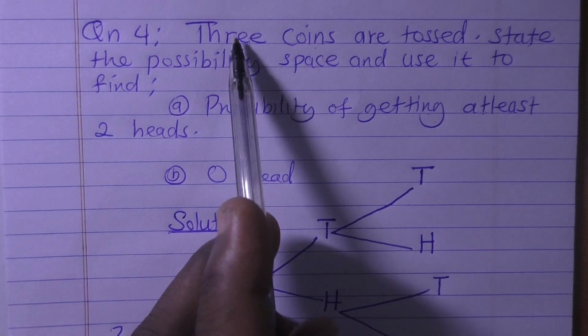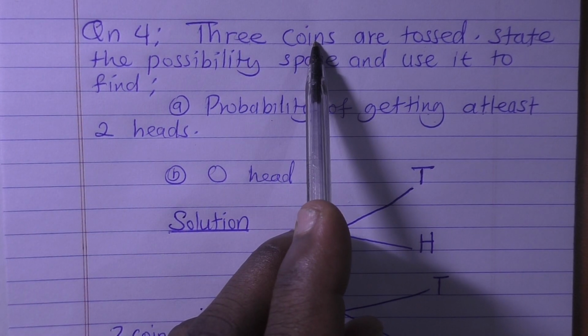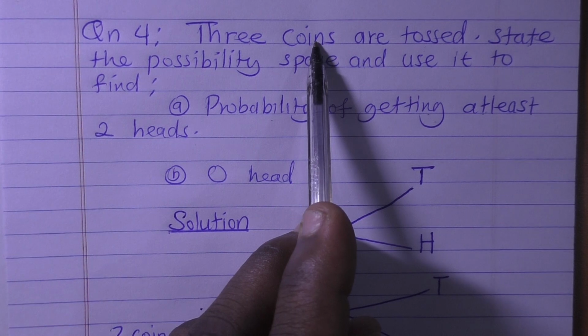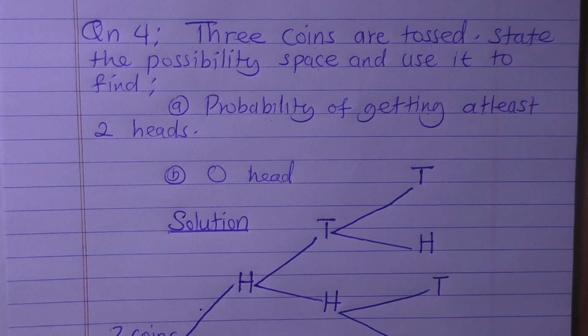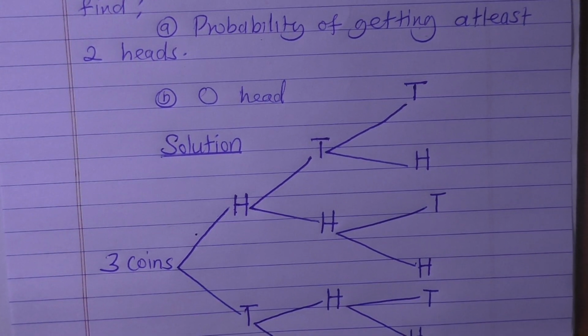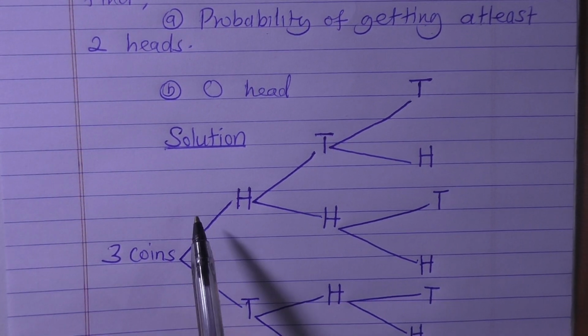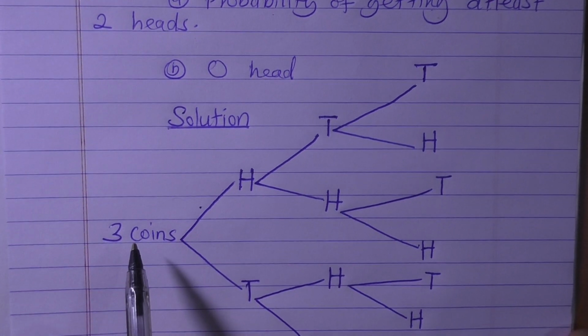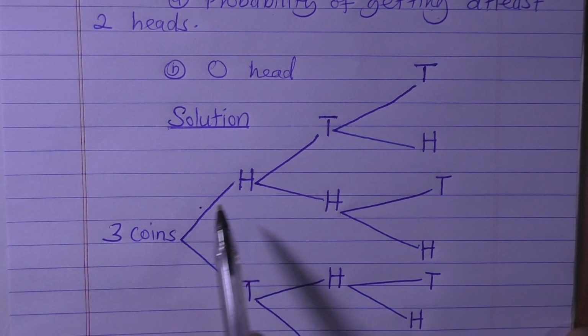For the 3 coins, we shall not use the table because it cannot be applicable, but rather we shall use what we call the probability tree diagram, whereby we are considering the 3 coins thrown.